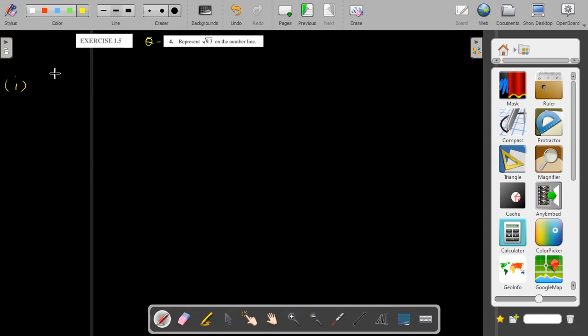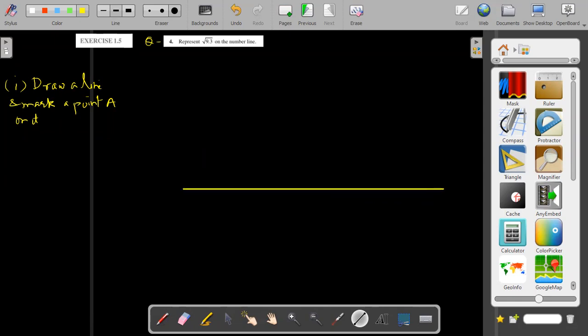First step: draw a line and mark a point A on it. Draw a line and mark a point on it.